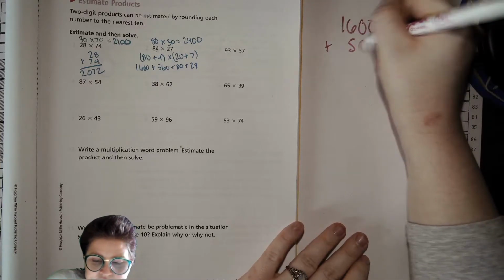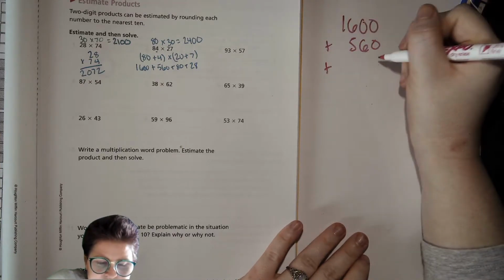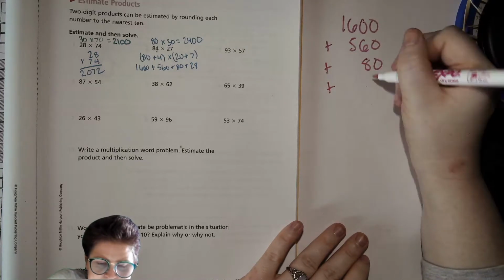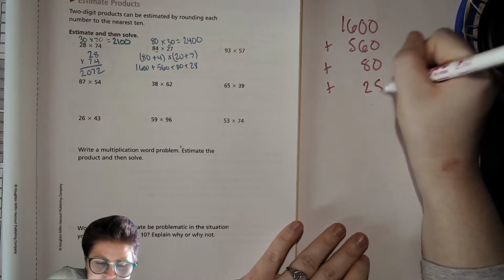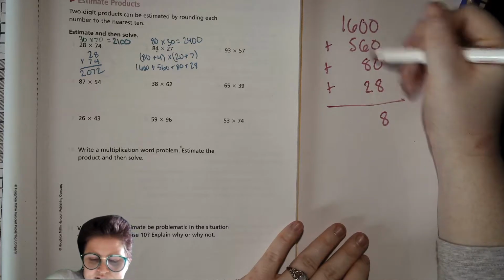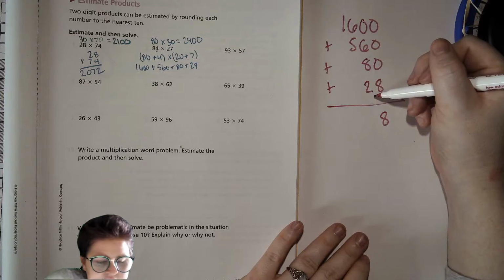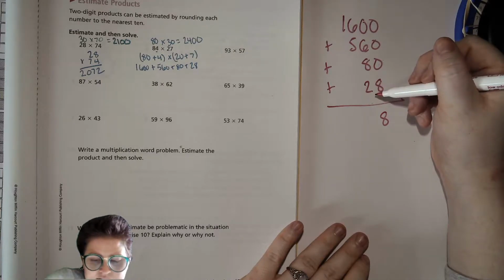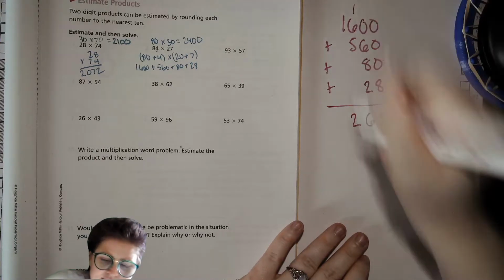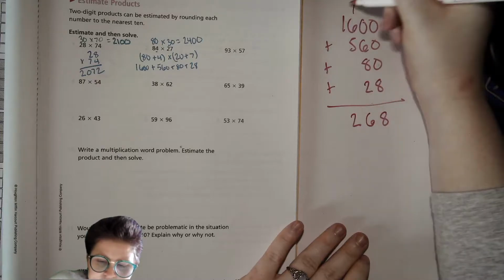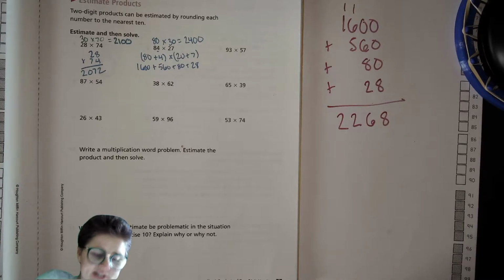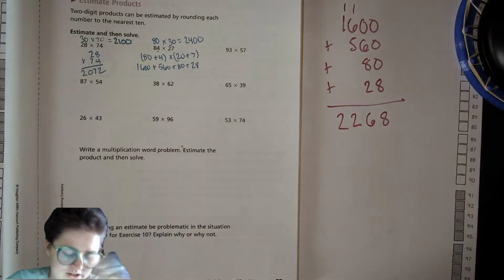So 1600 plus 560 plus 80 plus 28 is almost 2,300, and we estimated 2,400. That's pretty close. The first one was closer, but this one's not too bad.